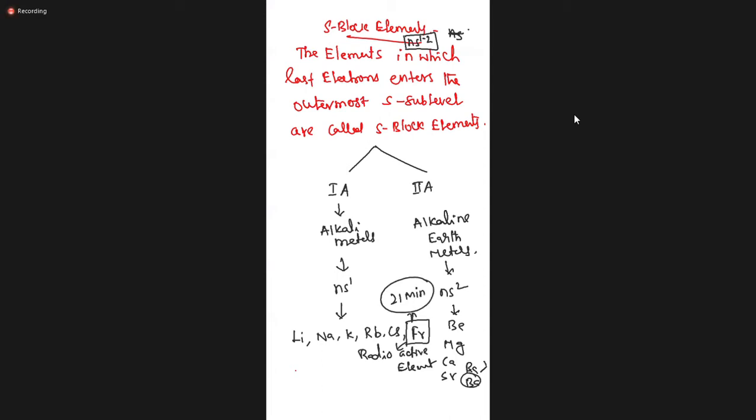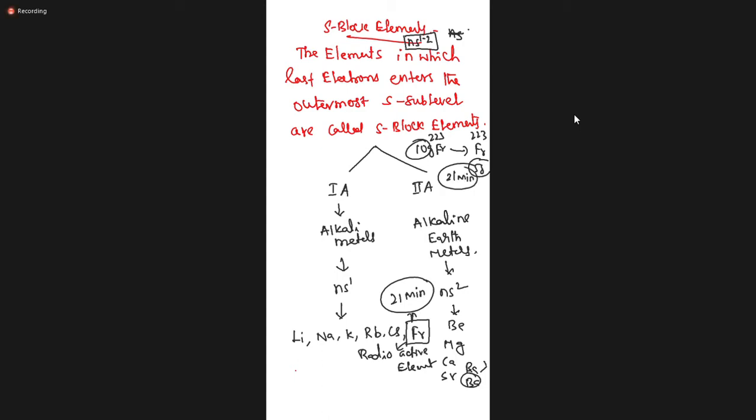You can ask, what is the meaning of half-life, sir? Half-life means, for example, initially we have 10 grams of francium, whose mass number is 223. The 10 grams of francium becomes 5 grams. How much time will it take? 21 minutes.